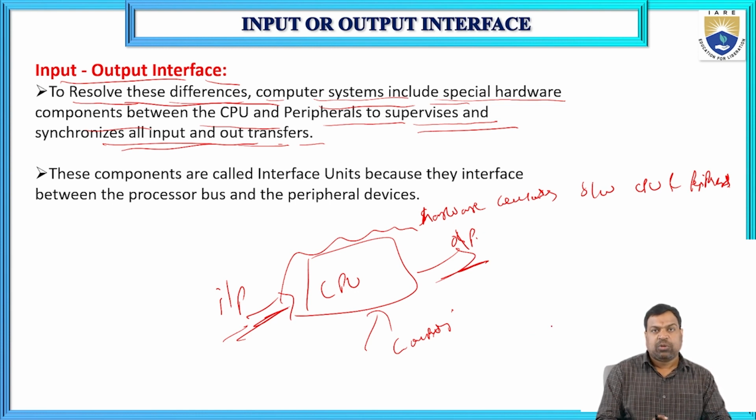Synchronization means the data transfer between the input and CPU and between the CPU and output with a specific clock pulse. And these components are called interface units because they interface between the processor bus and the peripheral devices.